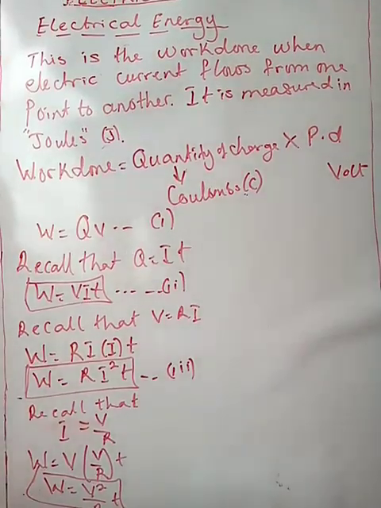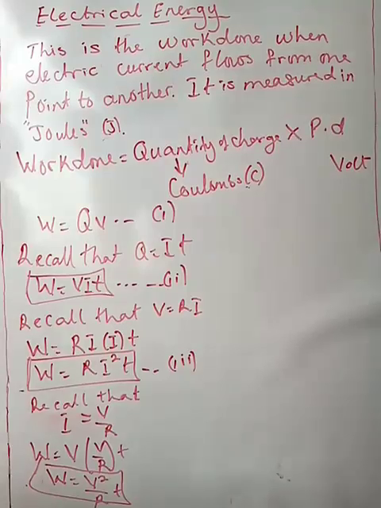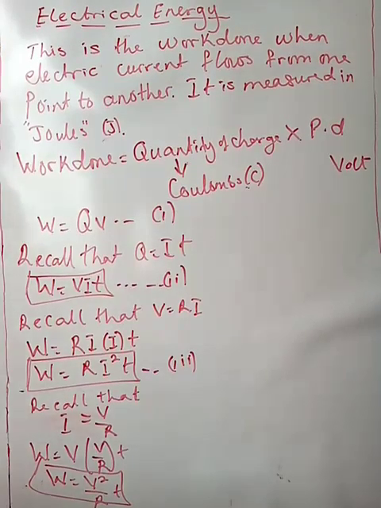So we say W is equal to VIT. W is equal to RI squared times T. And also W is equal to V squared over R times T.